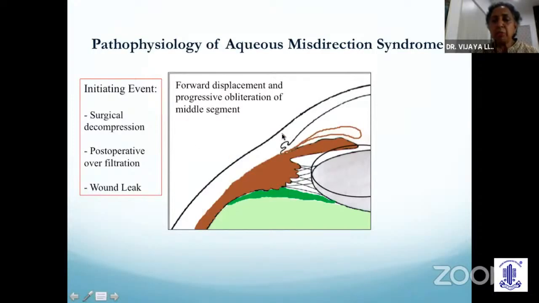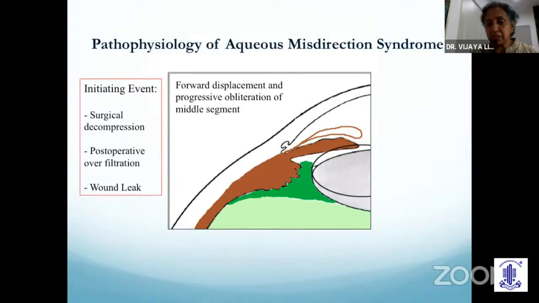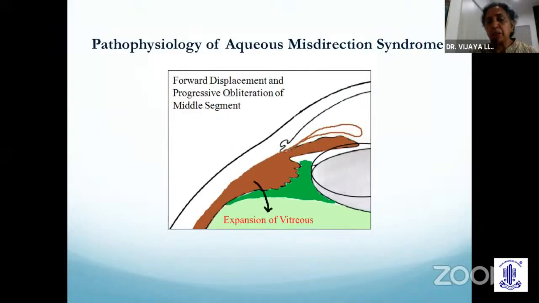So what happens when there is aqueous misdirection? The conventional flow gets compromised and the aqueous tends to go posteriorly. This happens because of the collapse of the middle segment. Because of this, there will be forward displacement and progressive obliteration of the middle segment, and this keeps increasing and the vitreous gets swollen up, causing expansion of the vitreous.